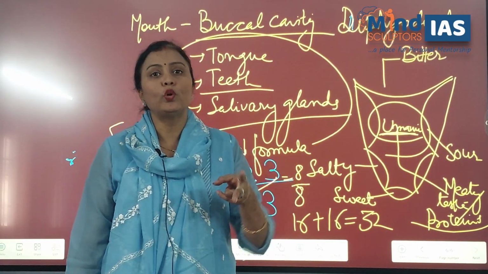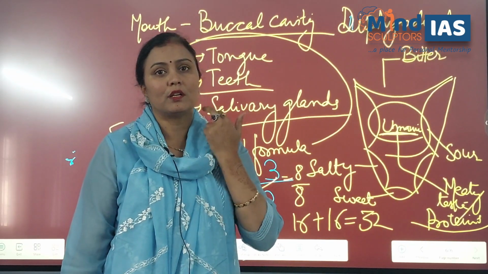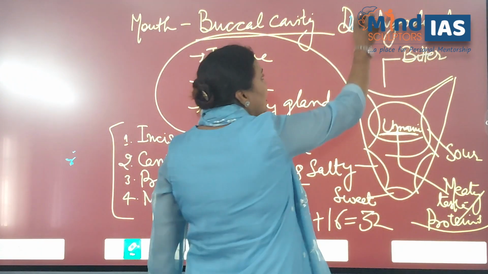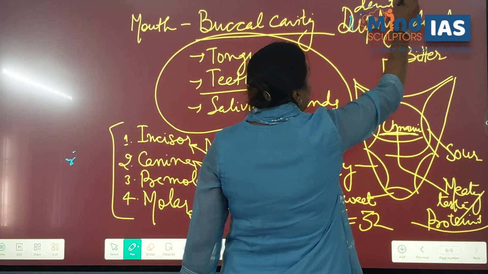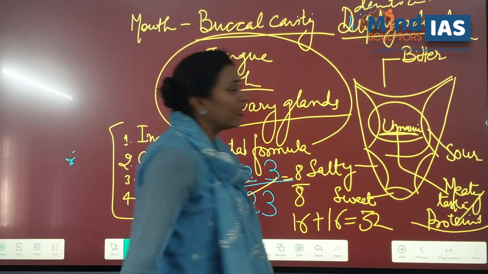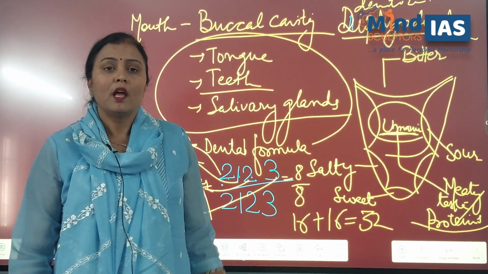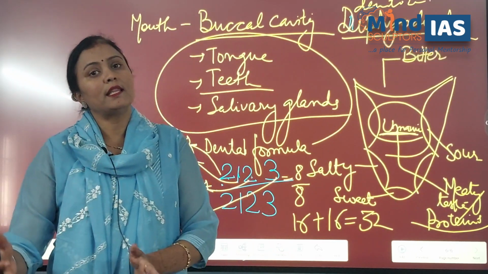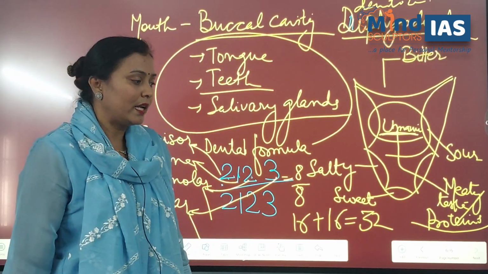Di means 2 times, don't mean the dentation. So which kind of dentation do we have? Maybe this question comes in the exam. We have diphyodont dentation. We have teeth at initial ages and then they are replaced by permanent teeth.